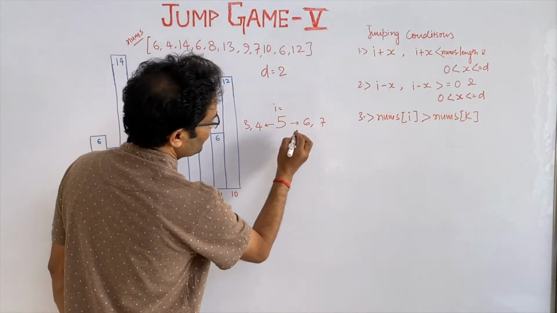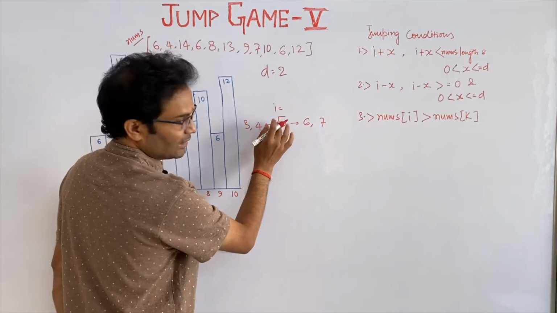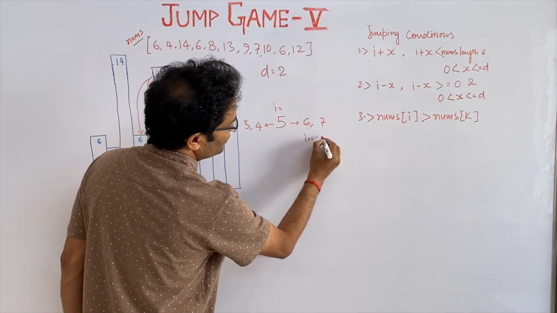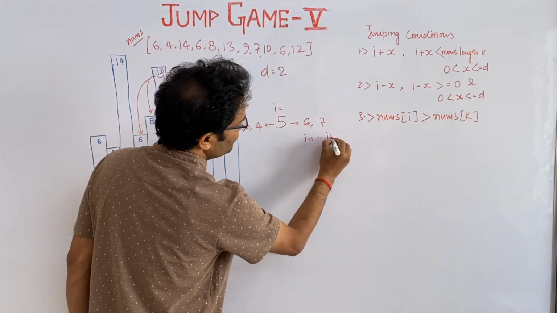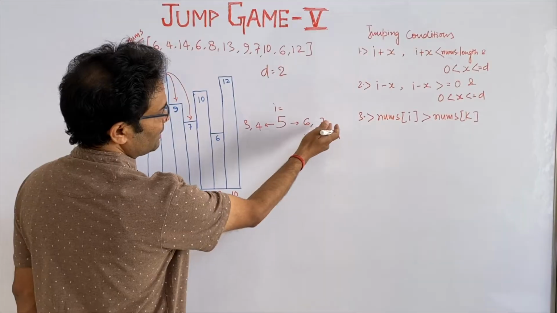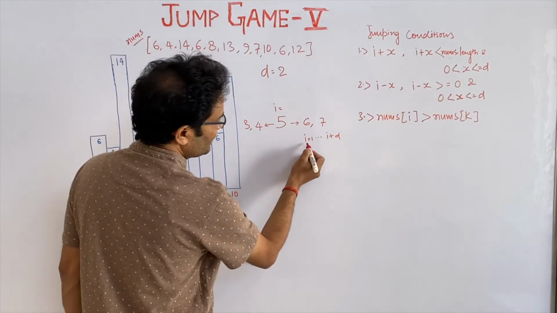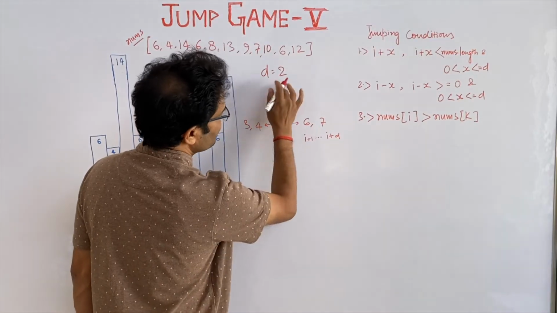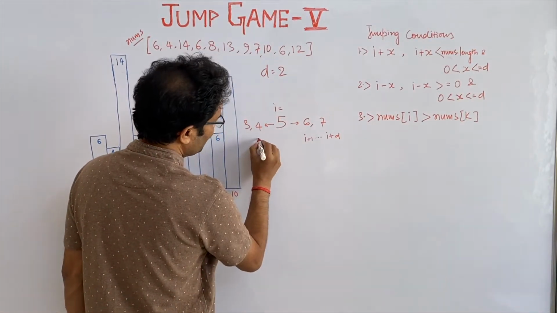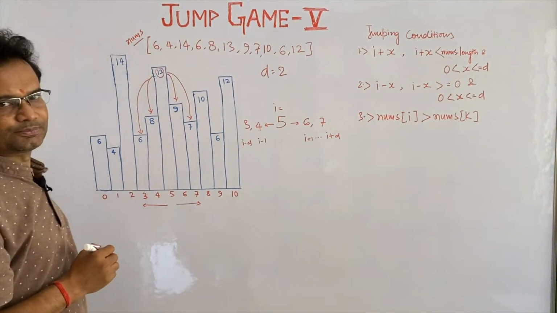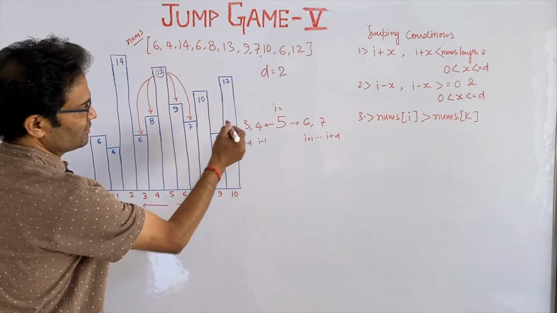So how can we calculate this? If i is equal to 5, your current index is 5, so you go from i plus 1 till i plus d. In this case d is equal to 2, so we have only two values: i plus 1 means 5 plus 1, 6, and i plus d, 5 plus 2, 7. Similarly, i minus 1 to i minus d: 5 minus d is equal to 3.